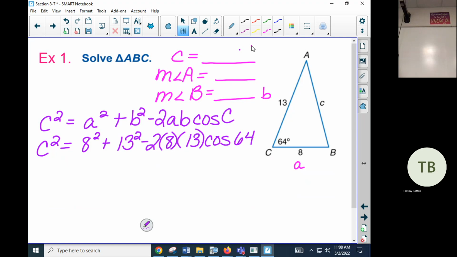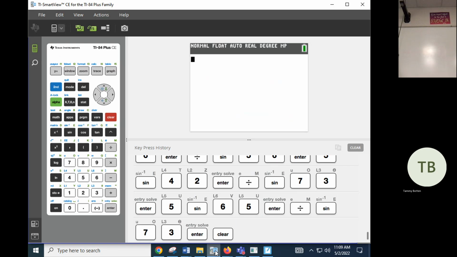Now, here's what we are going to do. We are going to go to our graphing calculator, and we're going to type this in exactly how it looks. But keep in mind, what we're getting when we do that is really C squared. So let's go to our calculators, and let's type that in.